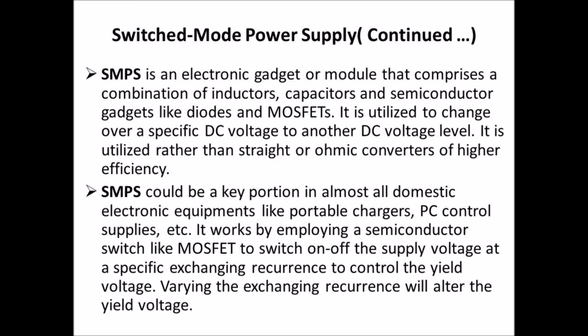SMPS could be a key portion in almost all domestic electronic equipment like portable chargers, PC power supplies, etc. It works by employing a semiconductor switch like a MOSFET to switch on and off the supply voltage at a specific switching frequency to control the output voltage. Varying the switching frequency will alter the output voltage.